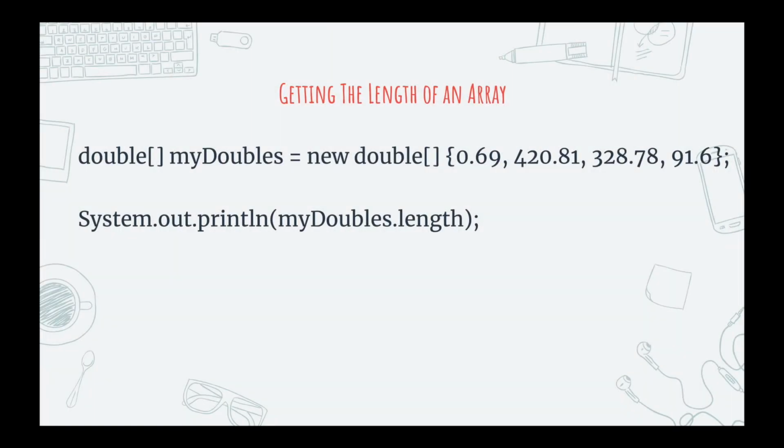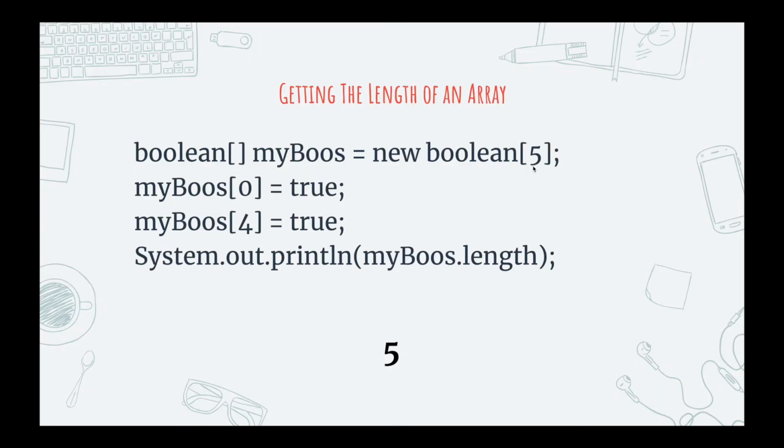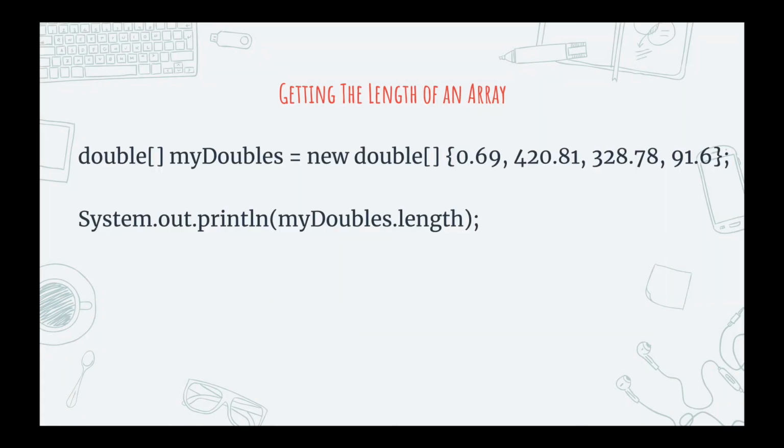In this example, we had it initialized through the regular way. But if we have an initialization list that doesn't have the length inside the brackets, the computer can determine that automatically. You don't have to worry about putting a number within these brackets. So if I declare a new double array and I put values such as 0.69, 420.81, the computer simply counts, and it knows how many values there are because we separate every single element with a comma.